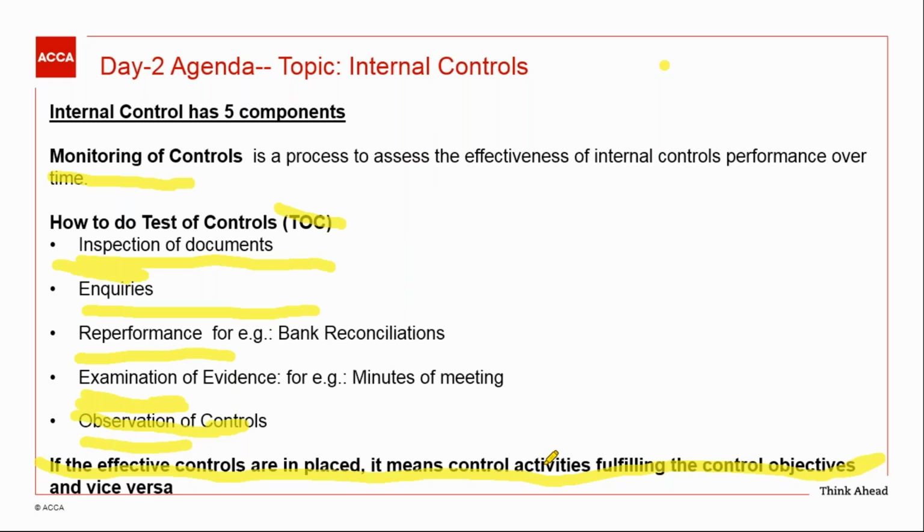So test of controls is necessary for the auditor before applying the substantive procedures. The auditor always does test of controls first. If the controls are strong, the auditor can reduce the substantive procedures.